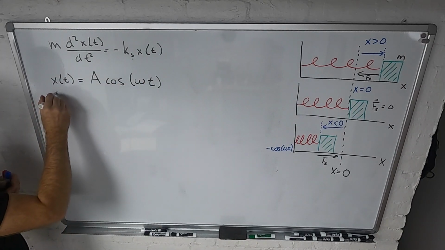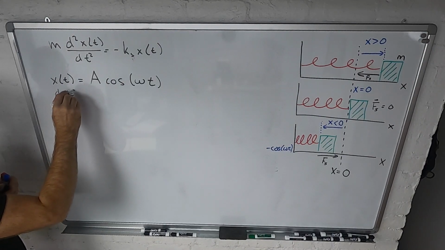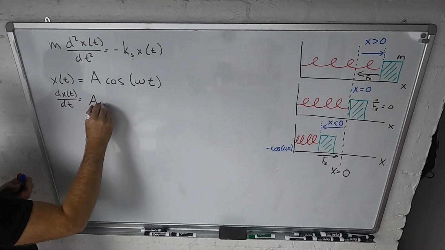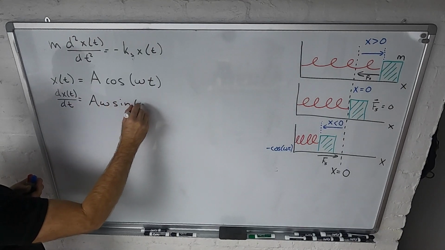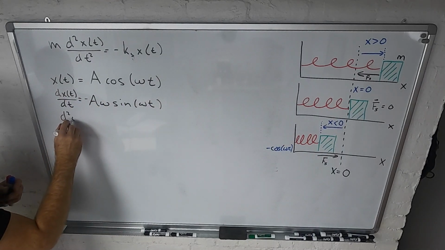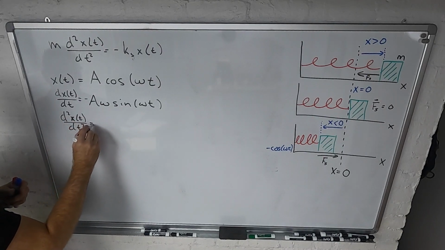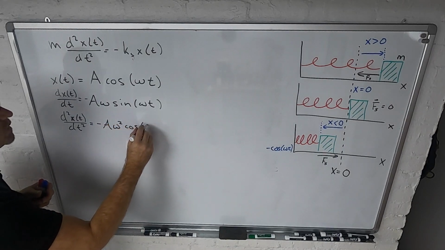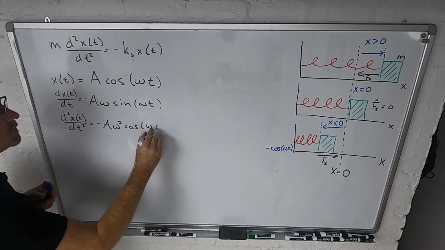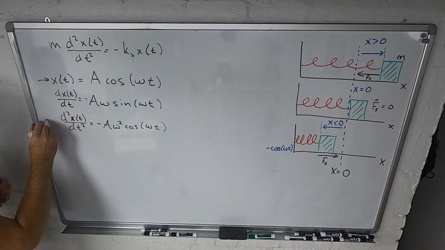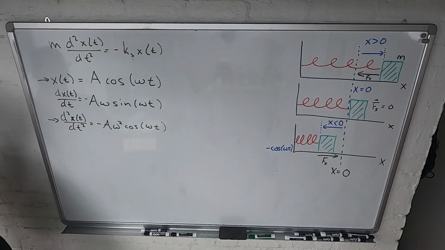Two derivatives, we've done this: dx of t over dt is just equal to minus A omega sine omega t, and d squared x of t over dt squared is equal to minus A omega squared cosine omega t. Okay?